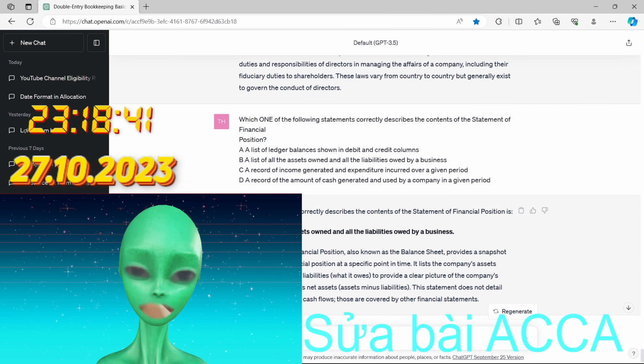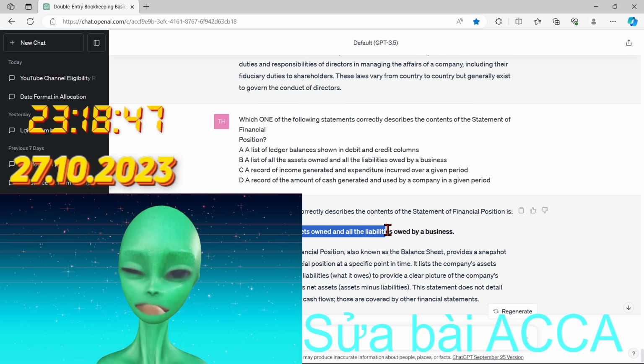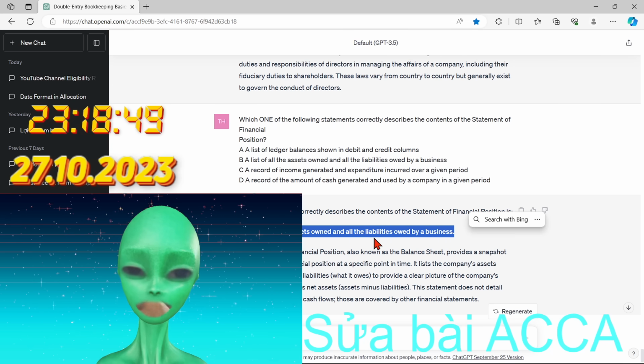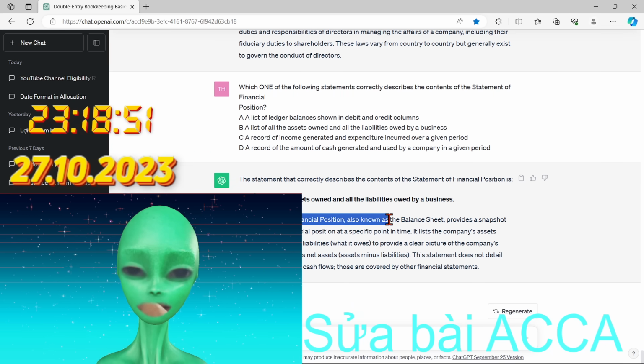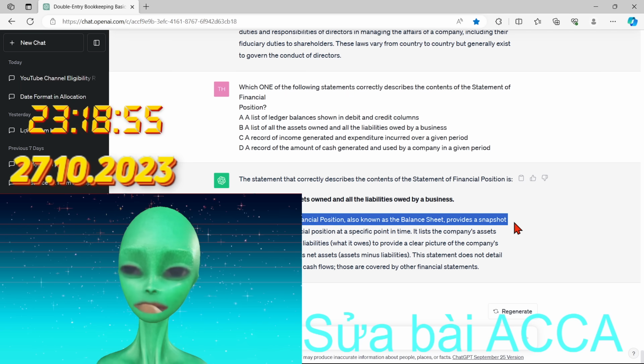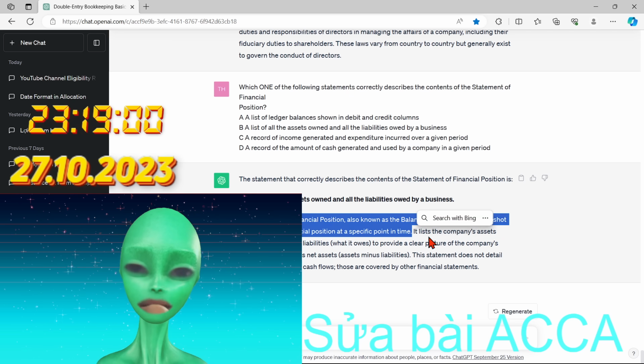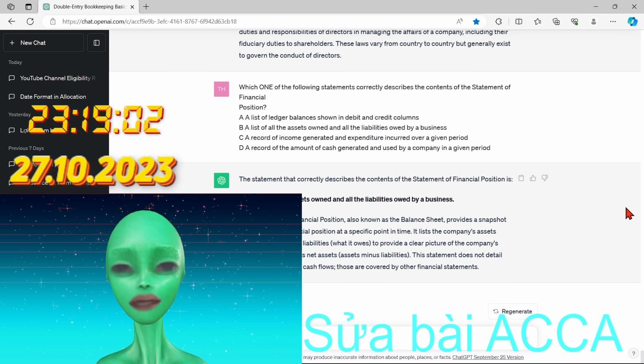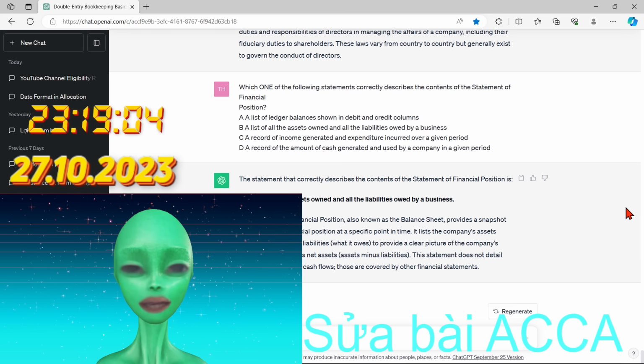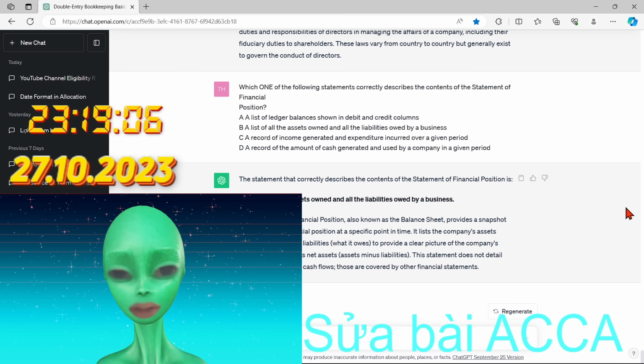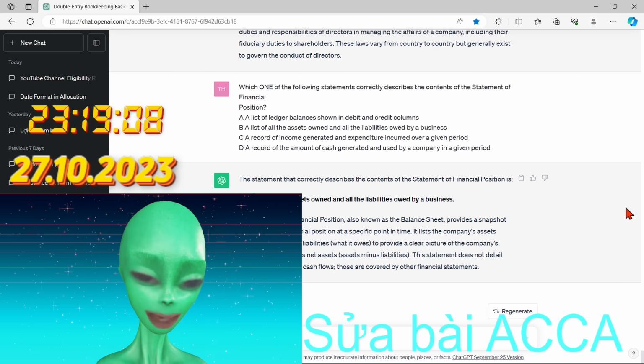B. A list of all the assets owned and all the liabilities owed by a business. The statement of financial position, also known as a balance sheet, provides a snapshot of a company's financial position at a specific point in time. It lists the company's assets, what it owns, and its liabilities, what it owes.